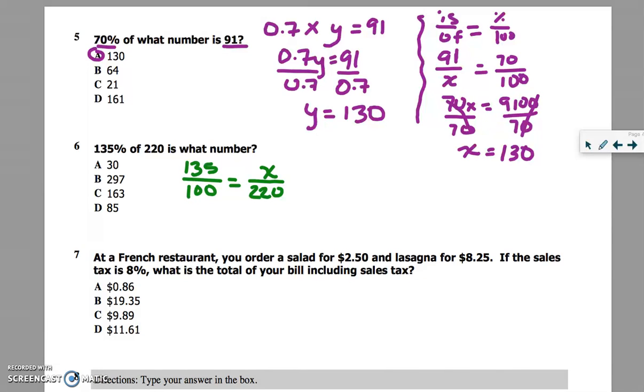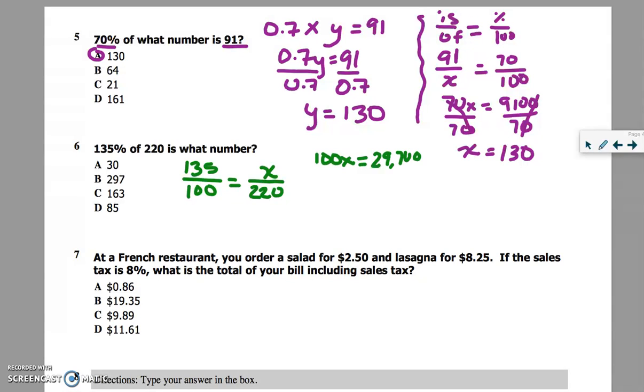My equation becomes 100 times x. Cross products, 100x must be equal to 135 times 220. Let me get my calculator out here again. It keeps going away. That's going to be an awfully large number of 29,700.